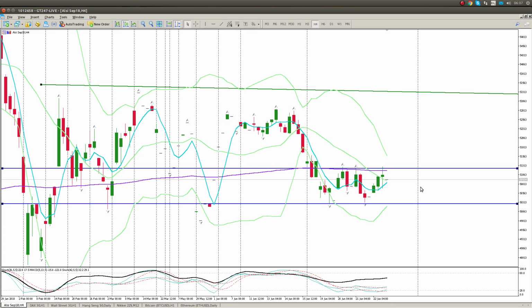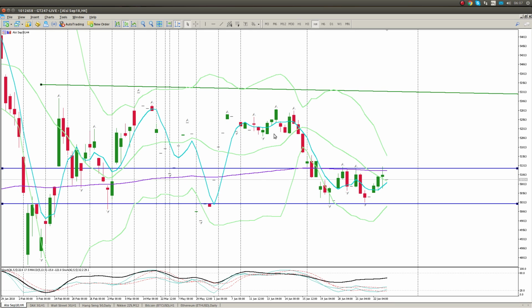So the longer we go sideways, the lesser the probability of a continuation, and the more the probability of a 50-50 chance of it breaking either way. Normally, you're going sideways for around 20 bars, then you start to wonder which way you're going to go.